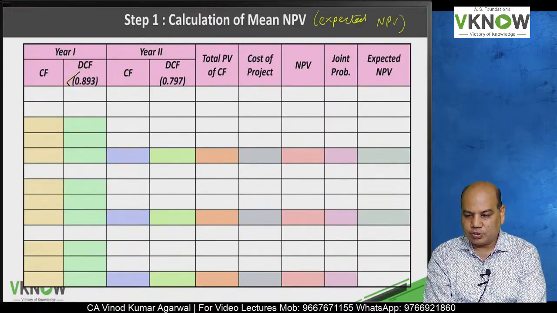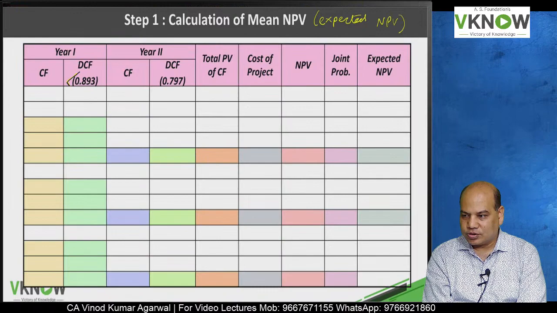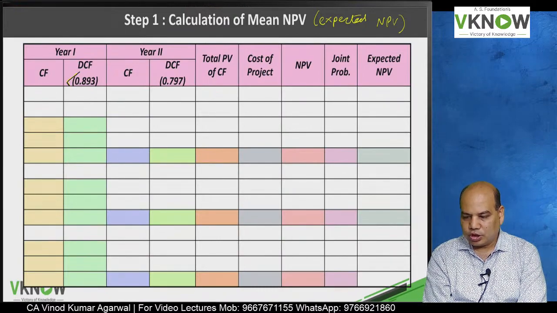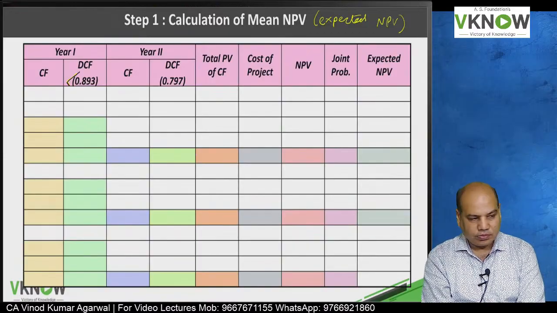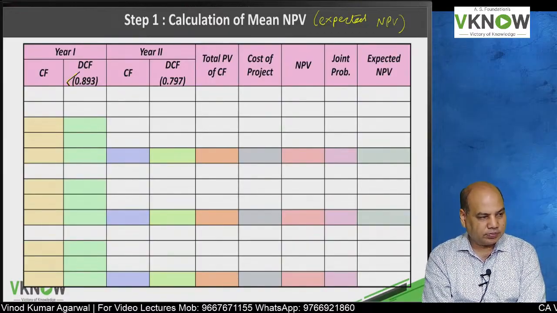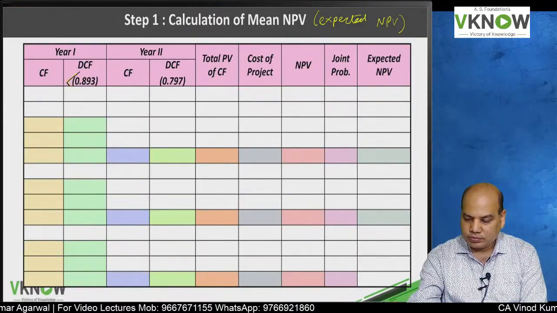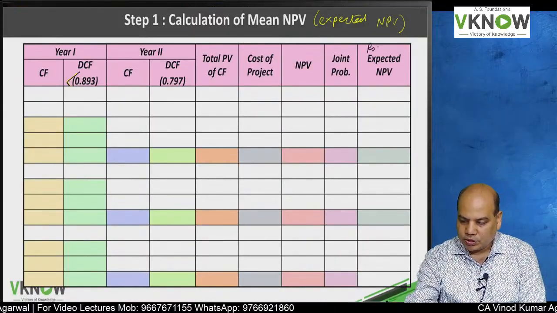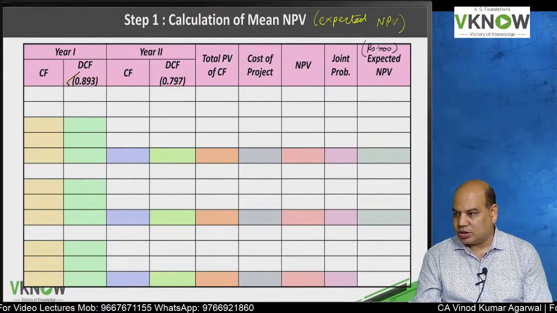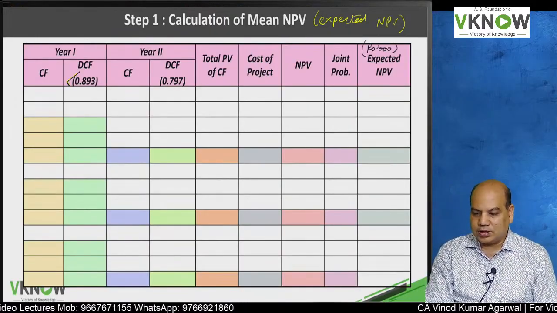Then write cost of project, NPV, joint probability, expected NPV. Rupees in 1000, write down. Top right hand corner, rupees in 1000. That will save time for us.